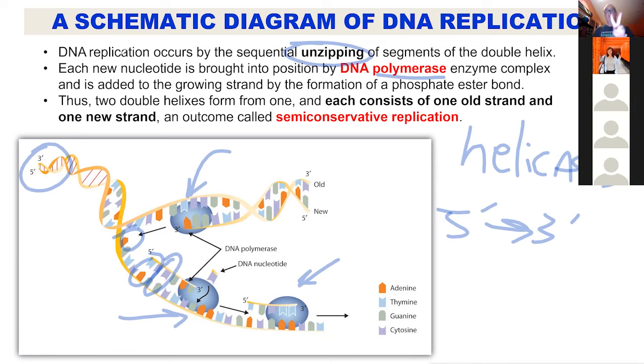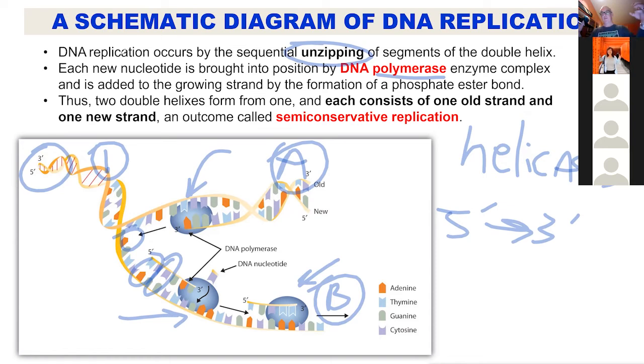So from the one double helix, we're making two. One here, the A helix, and another one here, the B helix. Each one of these new helices, A and B, has one old strand from helix one.